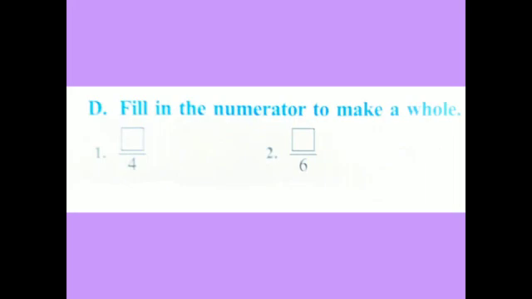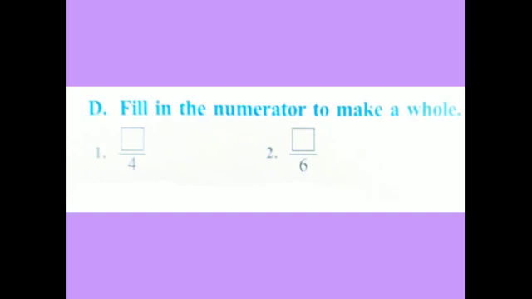Next sum, fill in the numerator to make a whole. So we have to fill the numerator. Denominator is given as 4. That is 4 equal parts are there. So we have to find out the shaded part to make one whole. If all the parts are shaded, then only it is one whole.